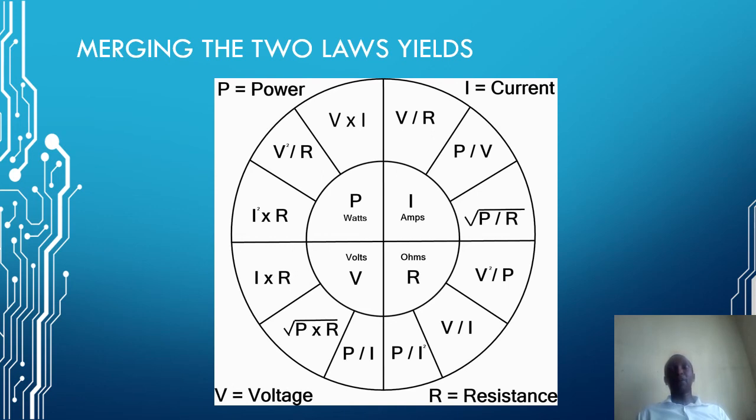Using the power law, current is given by power over voltage, and substituting the power law from Joule's law into Ohm's law, we can also get that current is equivalent to the root of power divided by resistance. The same holds for the other units.